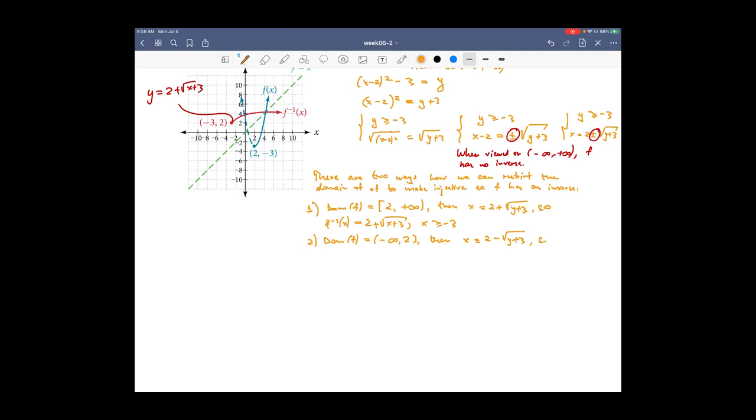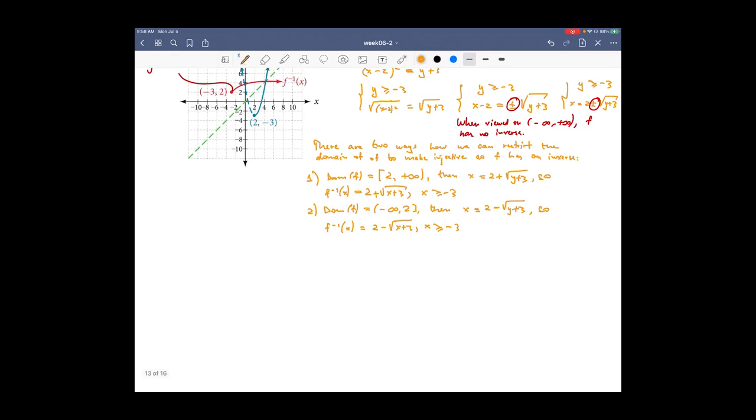And in this case, the inverse function will be 2 minus root x plus 3. Again, x is greater or equal than negative 3. It would be nice to have a graph of this last function. We can easily draw it.